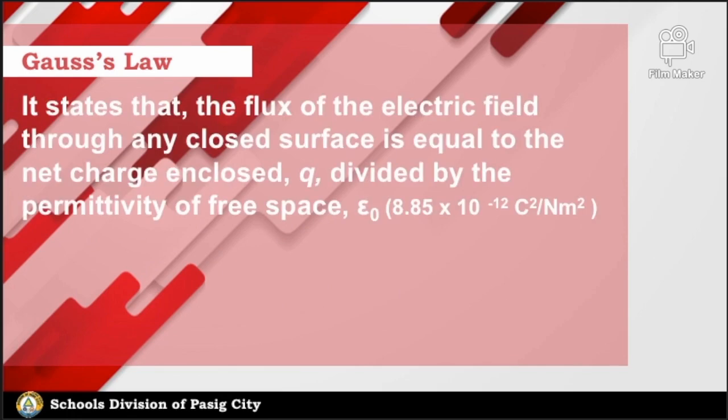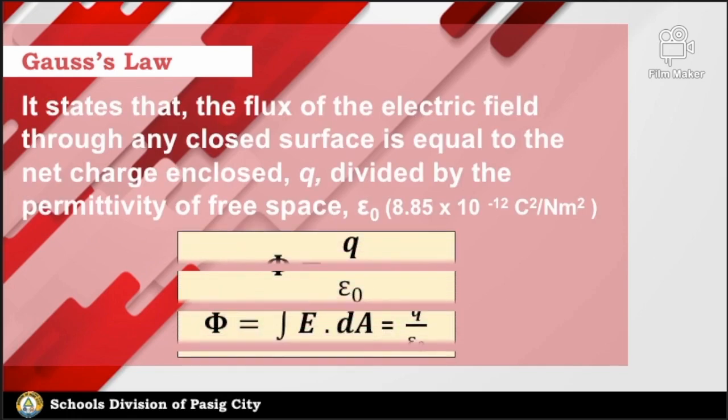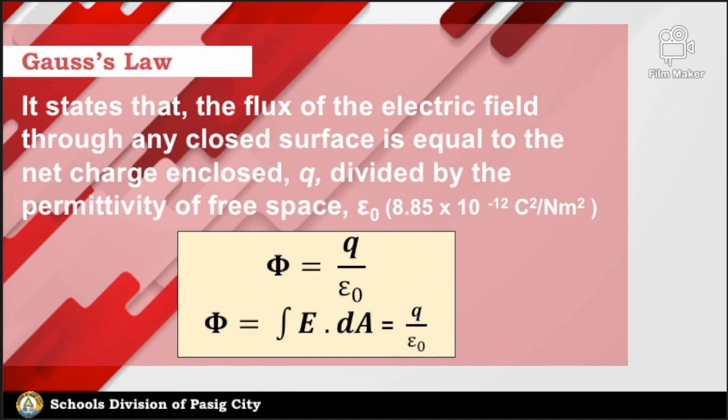It states that the flux of the electric field through any closed surface is equal to the net charge enclosed, Q, divided by the permittivity of free space, epsilon sub 0, which is equal to 8.85 times 10 raised to negative 12 coulomb squared per Newton meter squared.